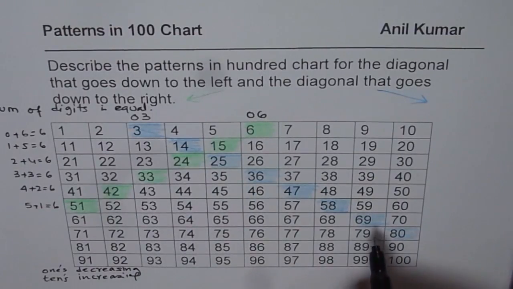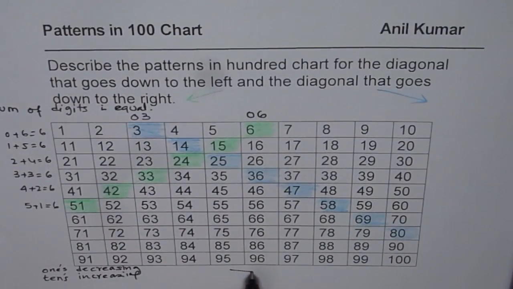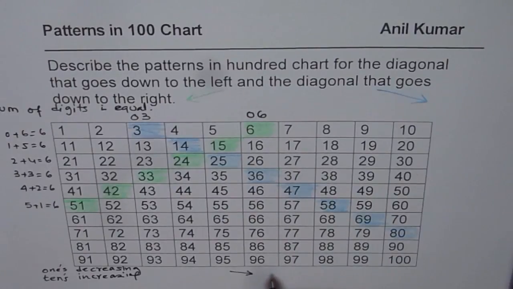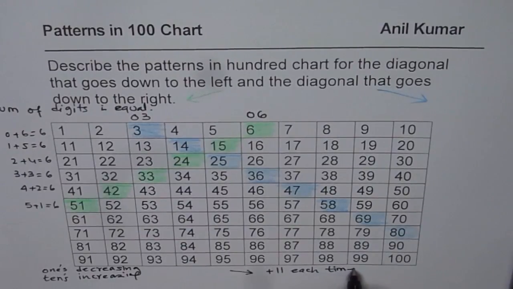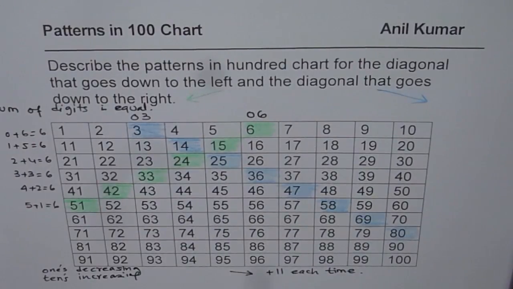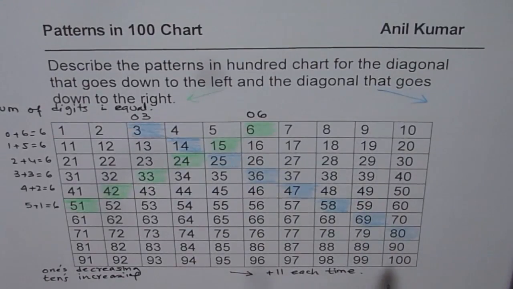So add 11 in this case. So when you move diagonally towards right, then you start with any number, you add 11 each time to get the next number, right? So that is what you observe when you move towards the right side downwards, correct?